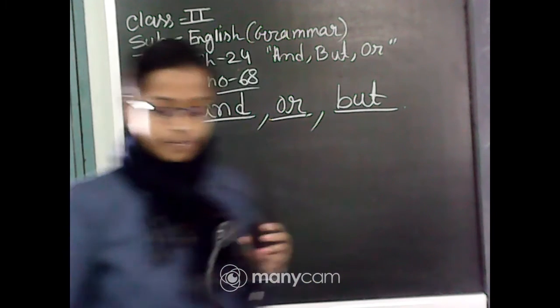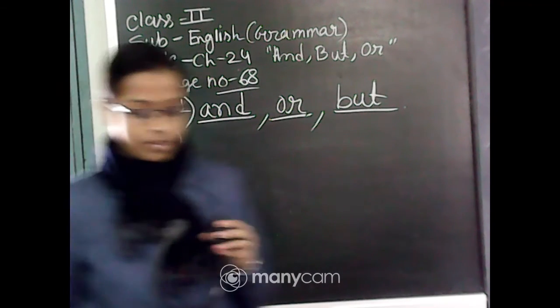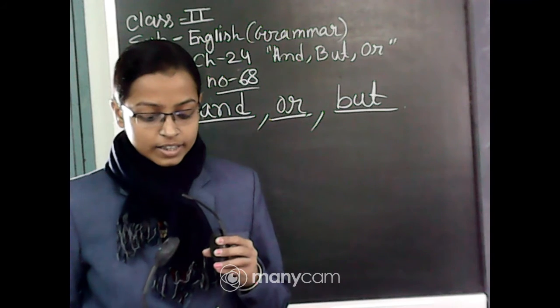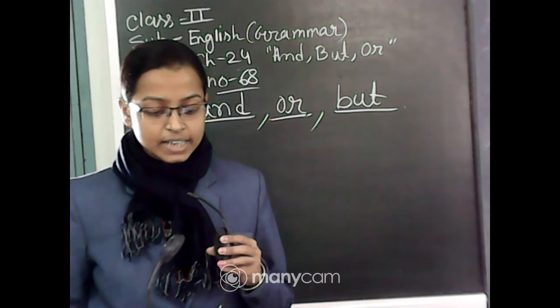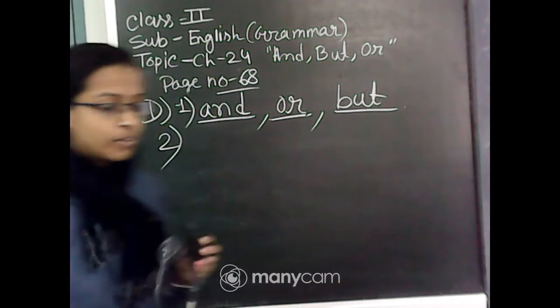Number 2. Ankit is an untidy boy. He plays in the dirt dash makes his clothes dirty. It will be and.